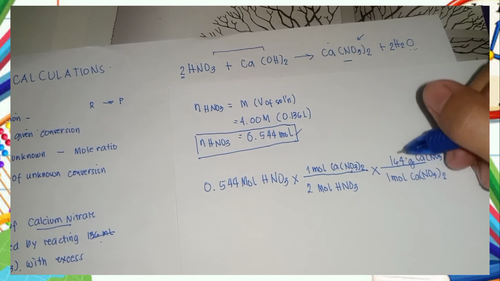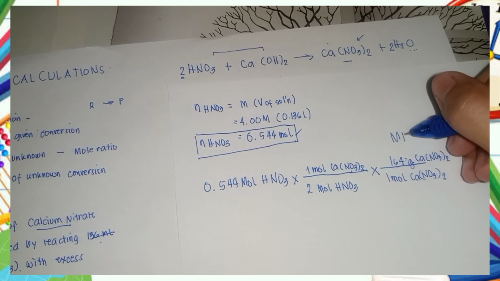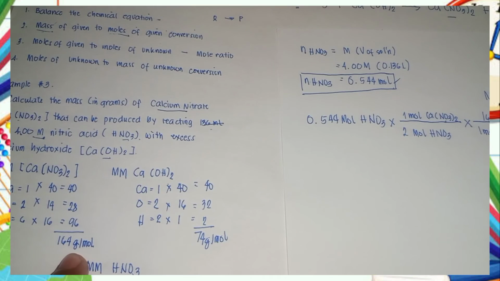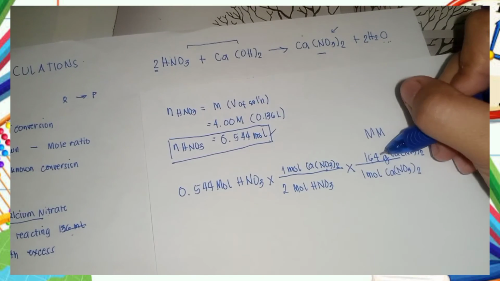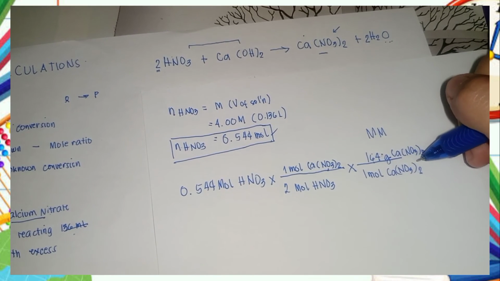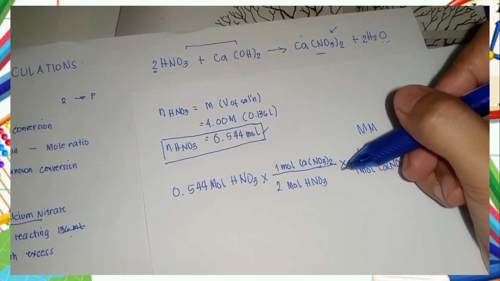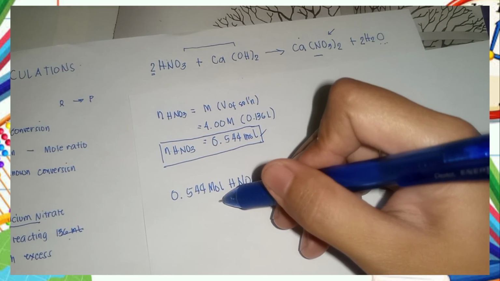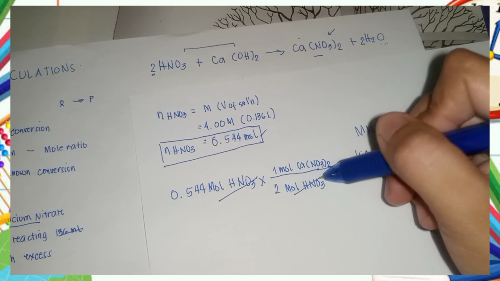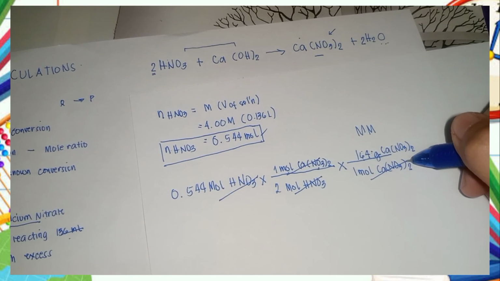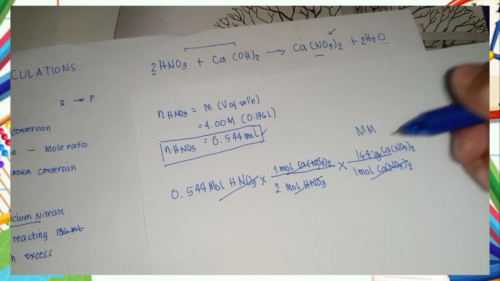This value is our molar mass, 164 grams per 1 mole. So, the next thing to do is to cancel all the same units. Mole, mole, mole. The only unit left is grams.